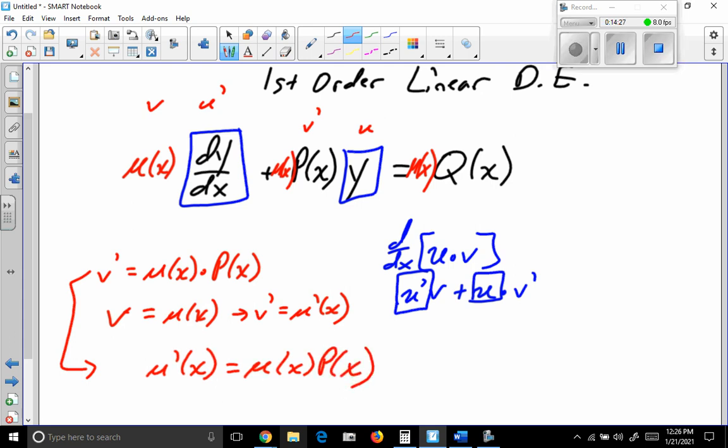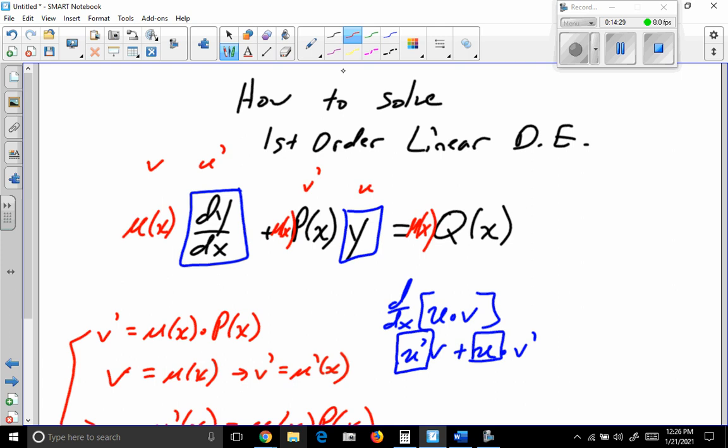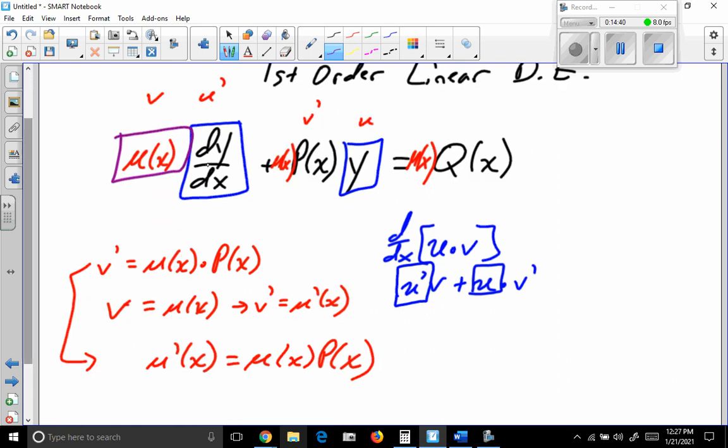So our goal is to find out what mu would need to be so that when we multiply it through, it makes this equation that we can solve. It makes it so that the left side is our derivative of a product. So that's going to depend on what our differential equation is.